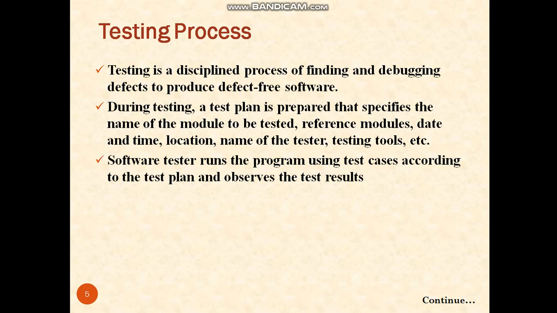Software engineers design the test cases while writing the source code. Testers may also be involved in test case design. A test case includes the input, output, and the conditions.